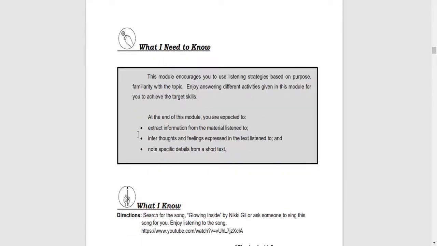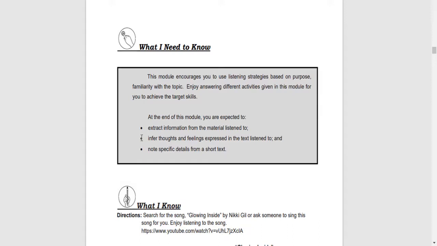At the end of this module, you are expected to first extract information from the material listened to. So you will be listening to a certain song or text, and from that you will get necessary information or details. Next, number 2, infer thoughts and feelings expressed in the text listened to.